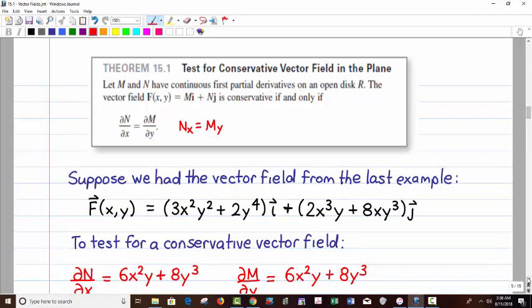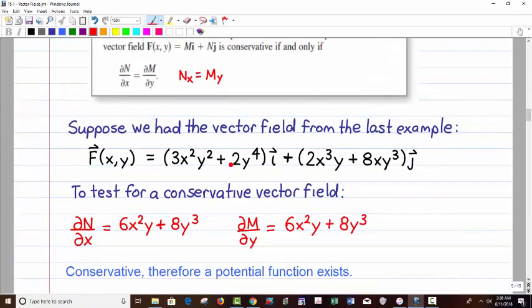So if you have a vector field in the plane, denoted by Mi plus Nj, you take the partial derivative of N with respect to x, and the partial of M with respect to y. If they equal each other, that means you have a conservative vector field and you will have a potential function.